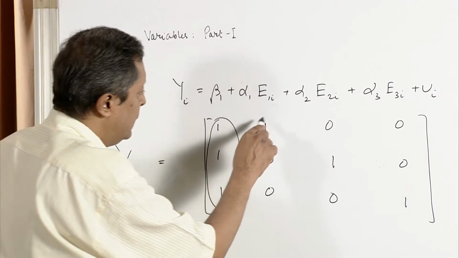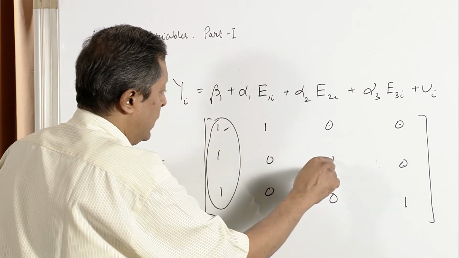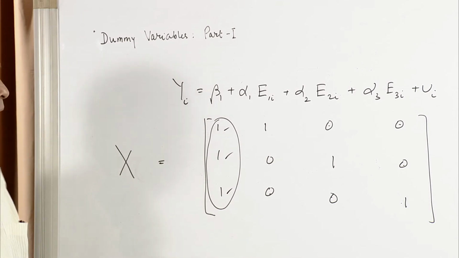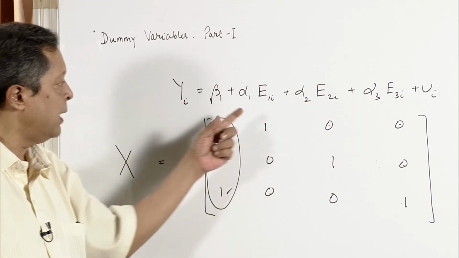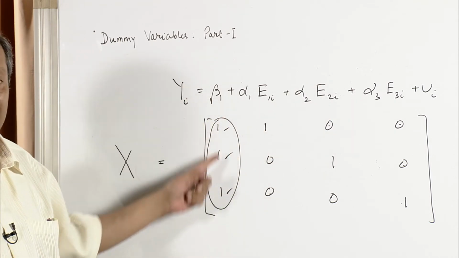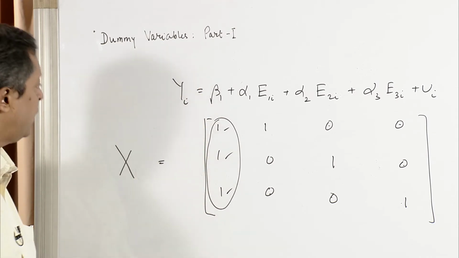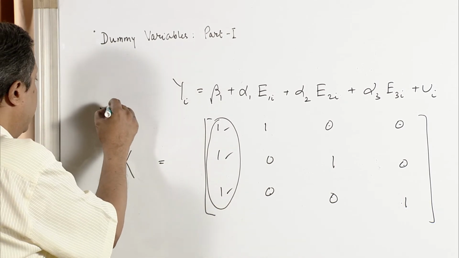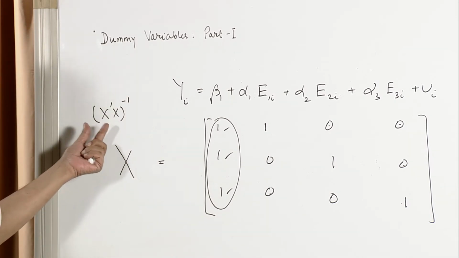So, if you add up all these 3 columns, 0 plus 0 plus 1, that gives 1, 0 plus 1 plus 0, that gives 1, 1 plus 0 plus 0, that gives 1. In other words, variables E1, E2 and E3, if you add these up, it becomes the same as the variable x1, which is the intercept. Therefore, we cannot get the determinant of x prime x, and therefore, we cannot get x prime x inverse.